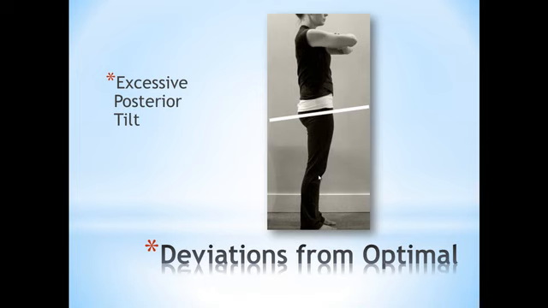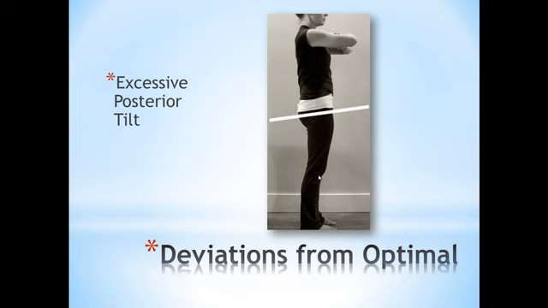So the opposite of that is an excessive posterior pelvic tilt. With an excessive posterior pelvic tilt, we get a straightening of the lumbar spine and typically a significant loss of flexibility. One of the biggest problems associated with a lack of anterior tilt, or this excessive posterior pelvic tilt and that loss of the lumbar curve, is that the spine loses its ability to withstand a high load.